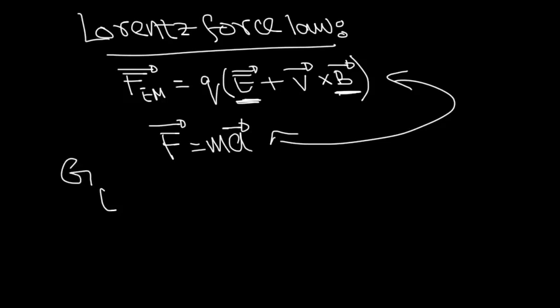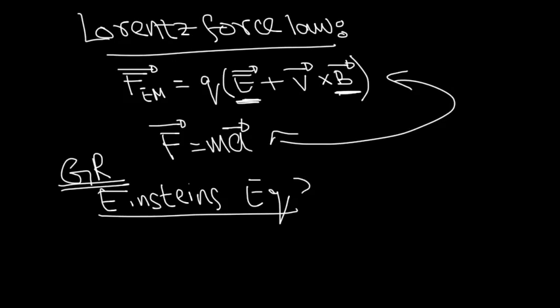In general relativity, Einstein's equations, what do they tell you, right? Einstein's equations in general relativity tell you how sources are going to create fields, or the curvature in space-time, right?